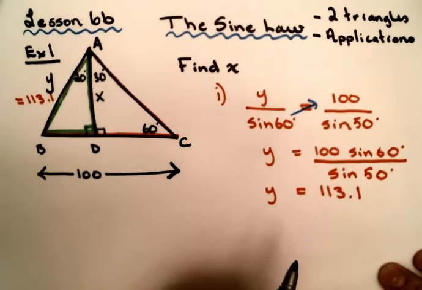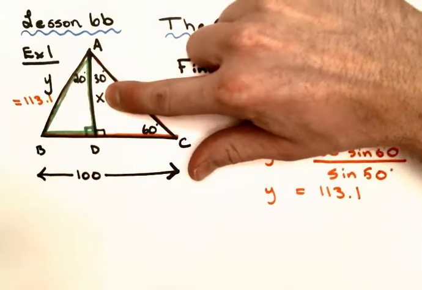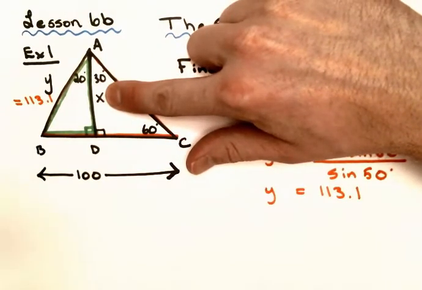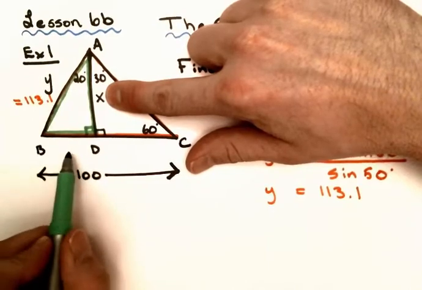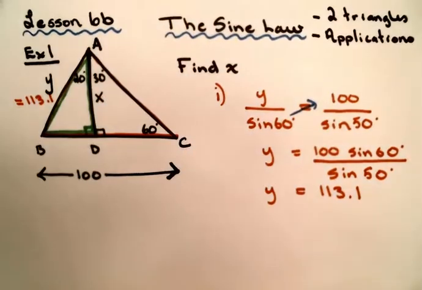As soon as you have a 90-degree triangle, you're again allowed to use SOHCAHTOA, or you could even use Pythagorean theorem. So to find side X, let's check Pythagorean theorem. I know one side, unfortunately I don't know the other, so we can't use Pythagorean theorem. What about SOHCAHTOA?